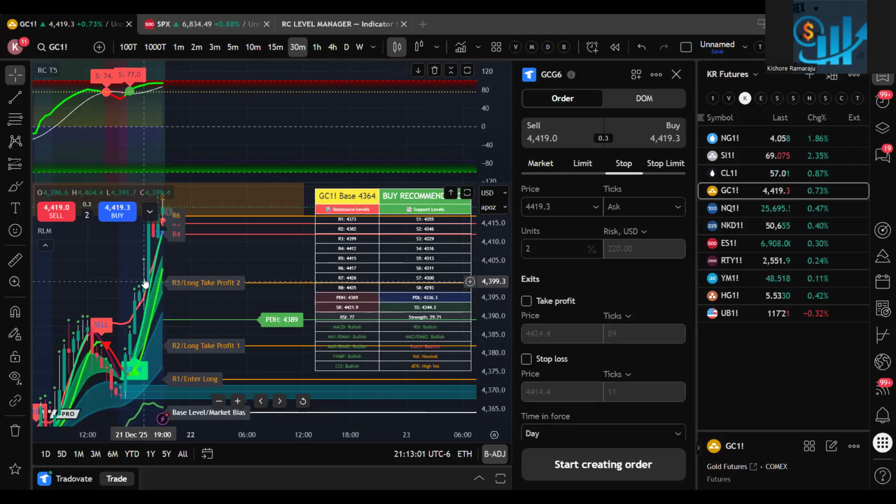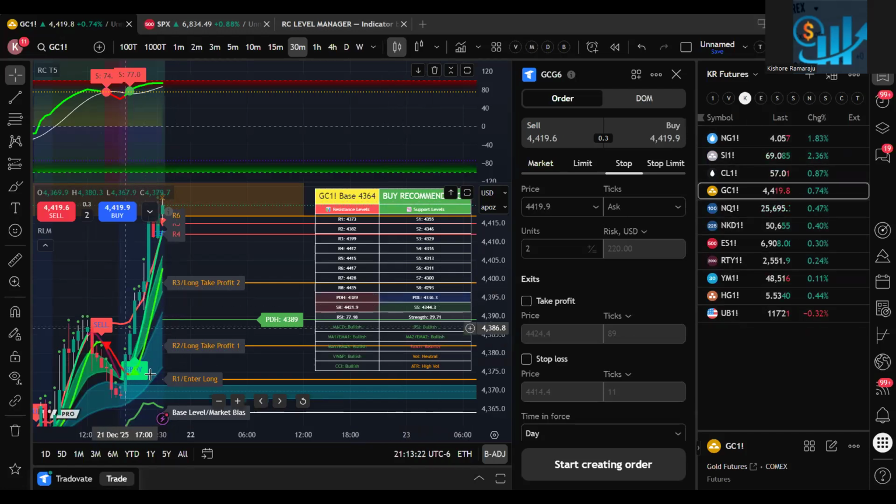So number one, number two, number three, and your T5 is also completely green. That means you mainly look for the buy opportunities. If you get a sell, you ignore it. There are so many tickers, right? You don't need to just trade GC. If GC is looking a little choppy or neutral, then you can look at something else.